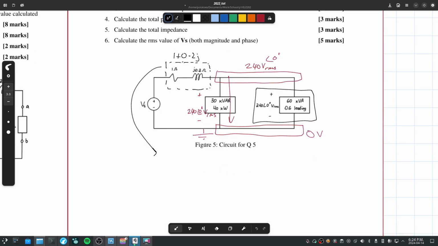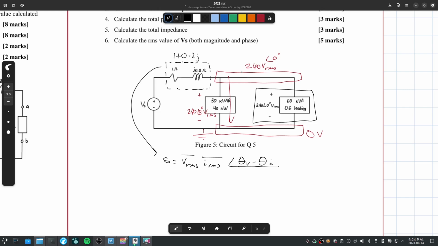So the apparent power is going to be VRMS times IRMS, the magnitude of each, at a phase angle of theta, which is the phase angle of VRMS minus the phase angle of IRMS, like so.